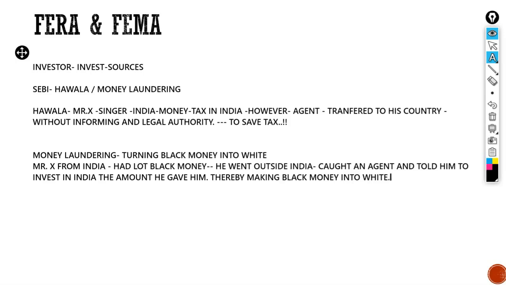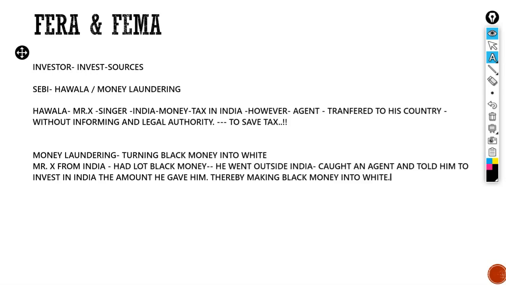So again, money laundering in simple terms was nothing but turning black money into white. So let's say Mr. X, who has a lot of black money in India, runs out of India, catches an agent abroad, tells him, okay, this is my amount, go into India and invest in bits and parts and make it white.